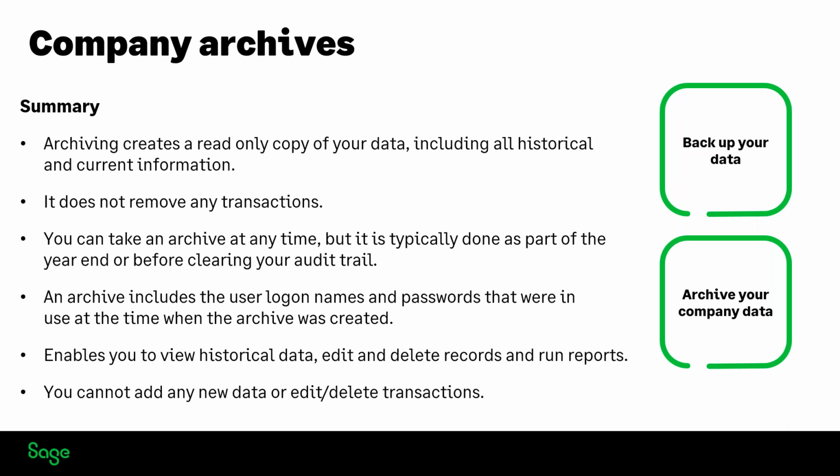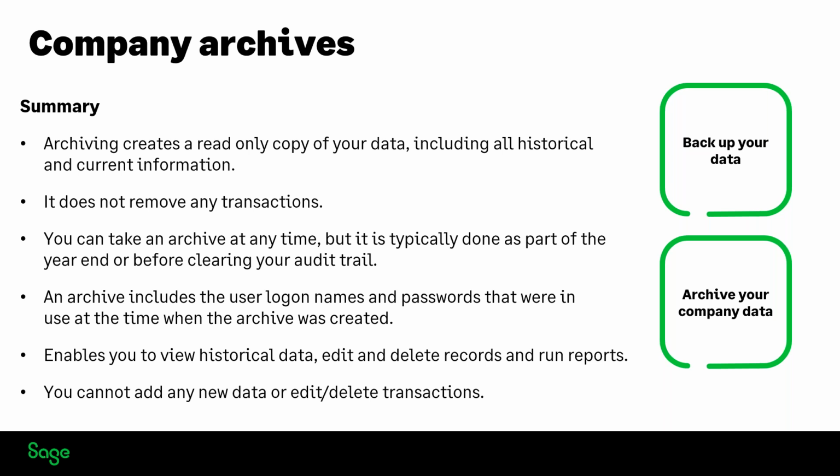So again, this is what I mean about there still being a lot of confusion around what an archive is and what it does. An archive, whatever your data looks like as it stands, is an exact copy of that set of data. Imagine you're taking a copy and putting that to one side, your live company just as it was. You can then go and make whatever changes you want to it. So yes, the customer and supplier list will stay the same.